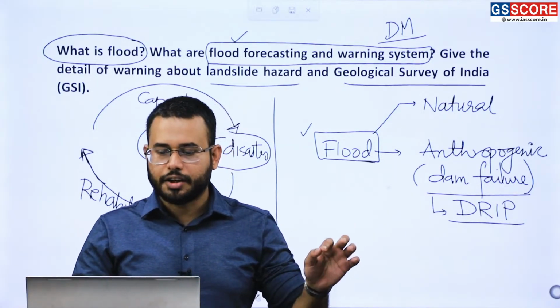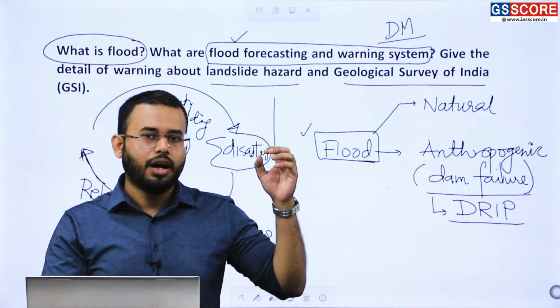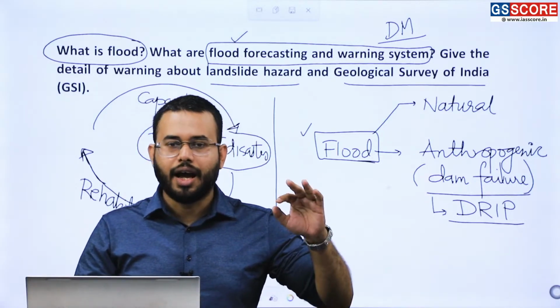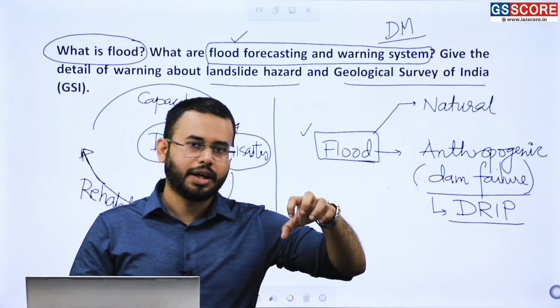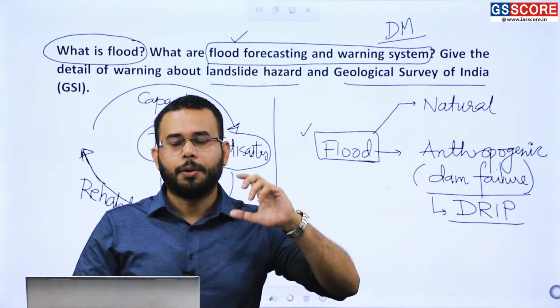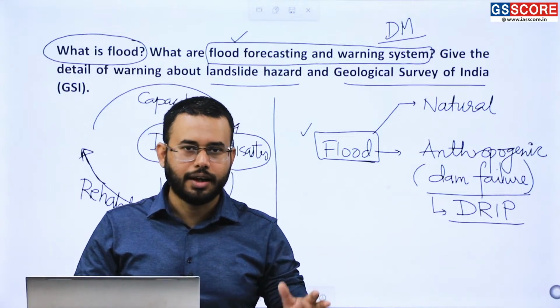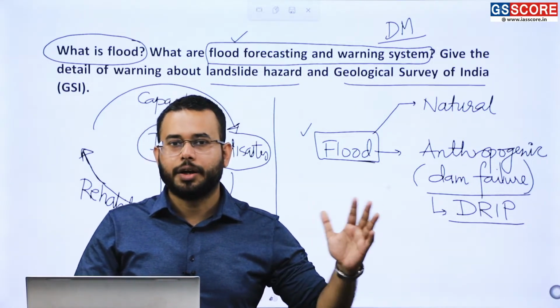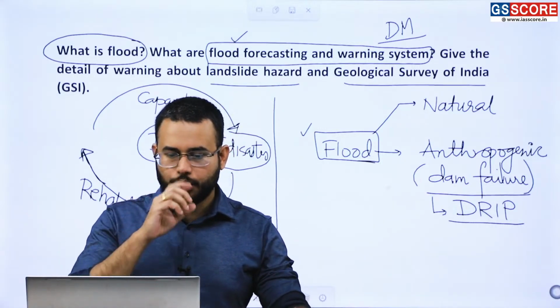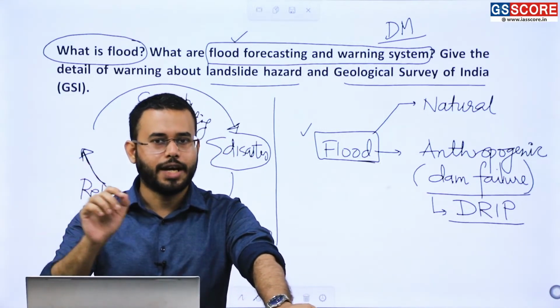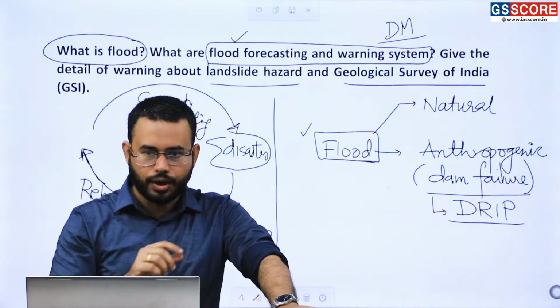This data is collected through the network of gauges, radar, satellite and weather station. So this large scale data can be accumulated and a flood forecasting can be done, that whether one area is more vulnerable to occurrence of the flood or not, right?